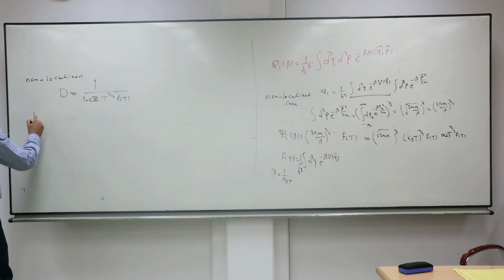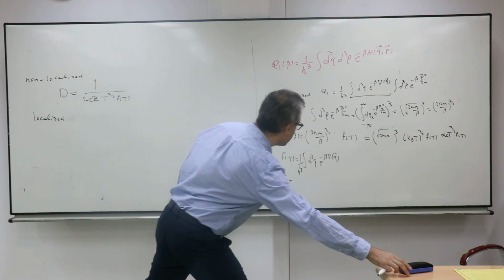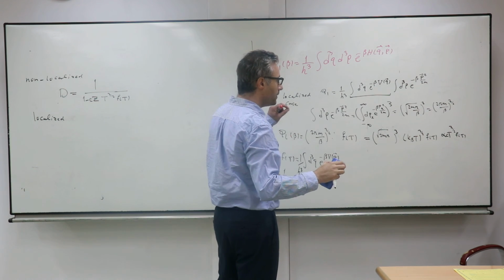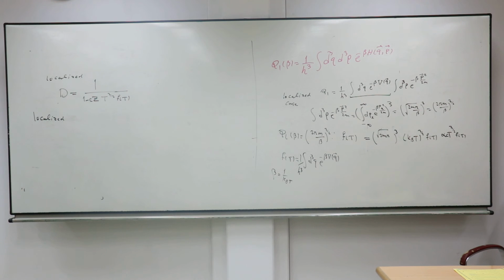For localized, what we are talking about, we have a potential here, no? Sorry, potential is in the localized case. Why didn't you mention that? Potential is localized. So for localized, we find the partition function. For non-localized, you don't have the potential, huh? You don't have the potential.